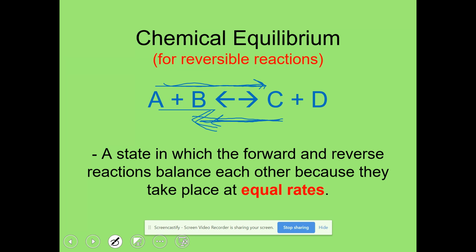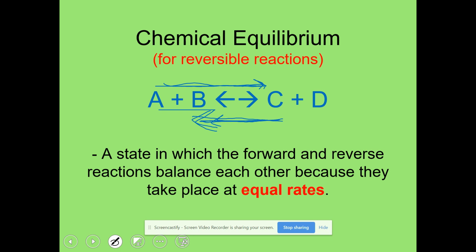And at that point, it looks like the reaction has stopped, but it really hasn't. You actually have A and B turning into C and D turning into A and B, but because it's happening at the same rate, you don't notice any net change in the amount of C and D compared to A and B.